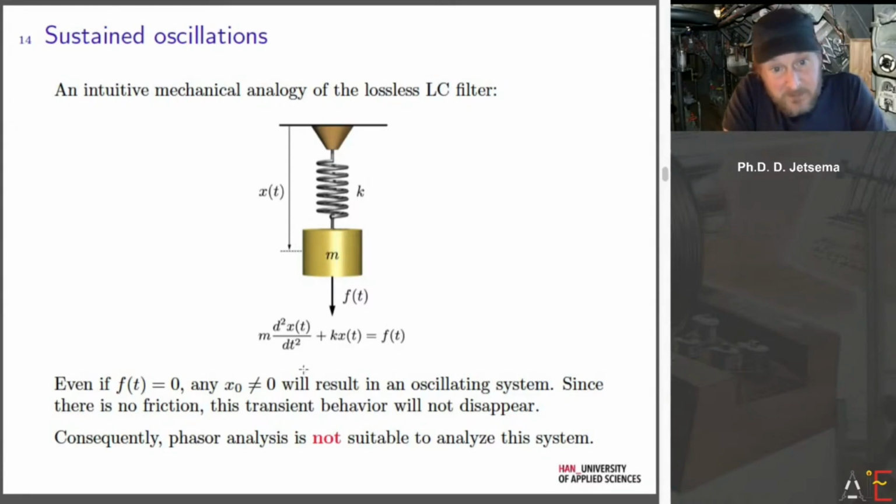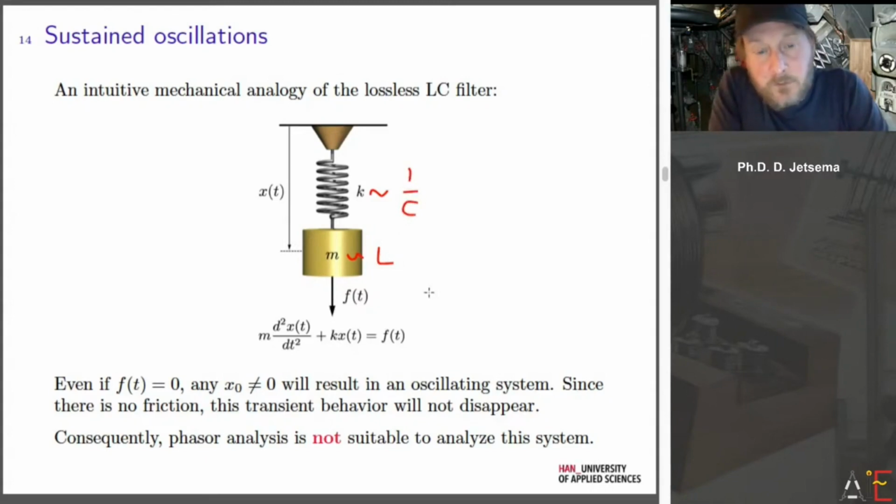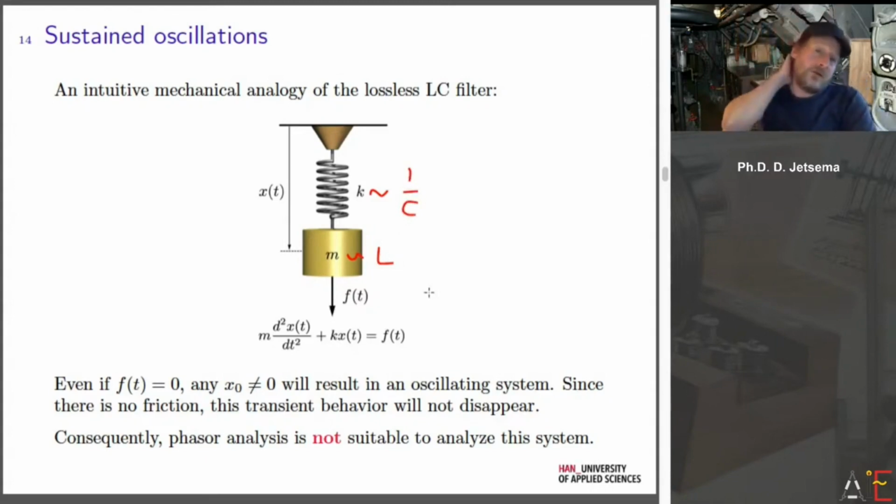These are the equations, and you can say that the mass is the analog of the inductance, and the spring stiffness is the analog of the reciprocal of the capacitance. Then you just compare it with the differential equation I presented before. And x here is just the position, and F is just the forcing function you apply here.